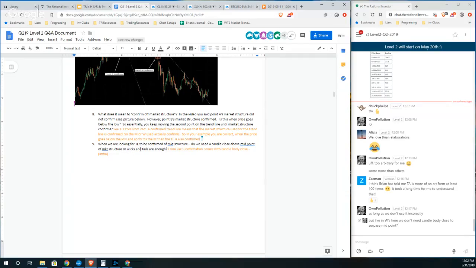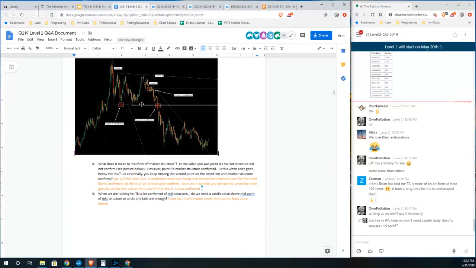Okay, when we're looking for a trend line to be confirmed off market structure, do we need a candle close above the midpoint of market structure, or are wicks and tails enough? Yeah, this is getting into how much confidence you have in the trade pattern.